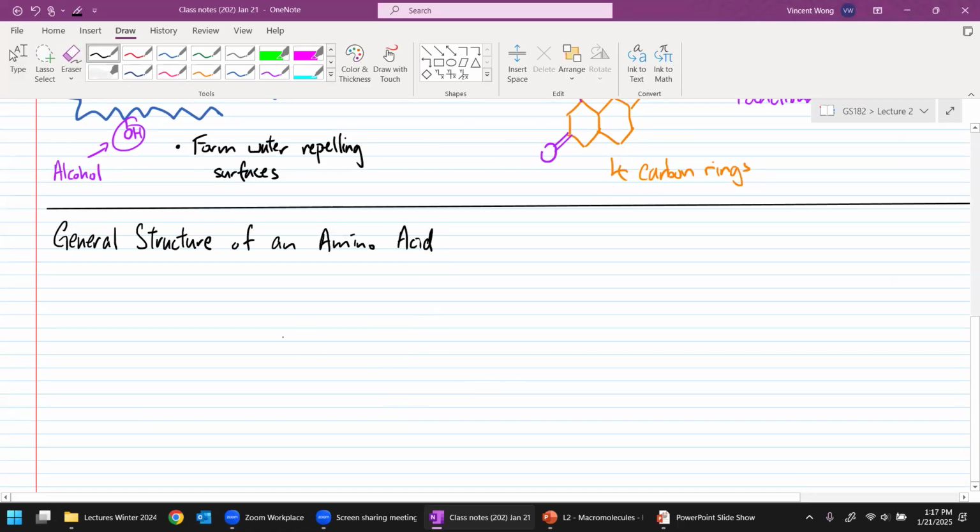All right. So this is the general structure of an amino acid. Okay, I'm going to put a carbon here. And carbon is going to be connected to 4 things. Because of things you will learn later in chemistry, carbon can only bind to a maximum of 4 things.